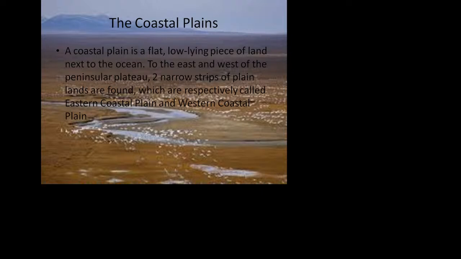Now the second one, the central stretch, is called the Kannad plain, or you can speak according to your choice. The third, or the southern stretch, is referred to as the Malabar coast.